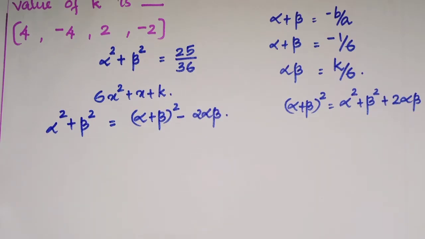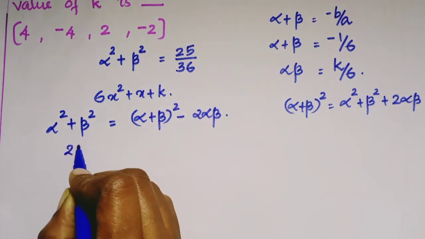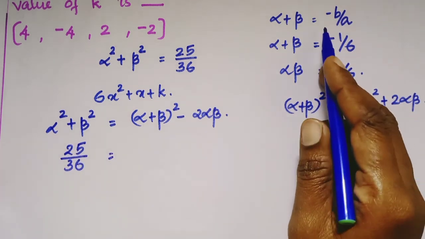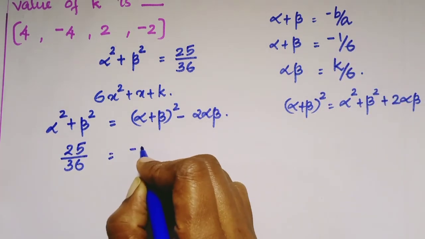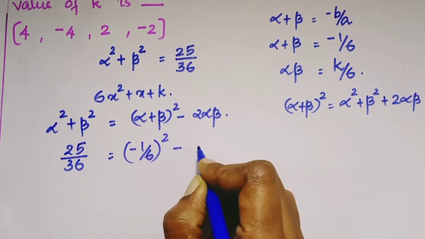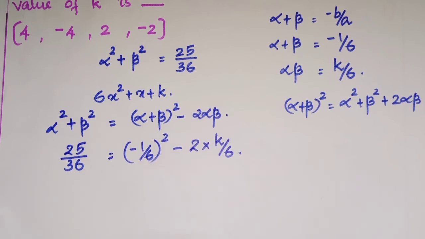Let us substitute the values. Alpha square plus beta square, that is 25 by 36, is equal to alpha plus beta, that is minus 1 by 6, the whole square minus 2 into k by 6.